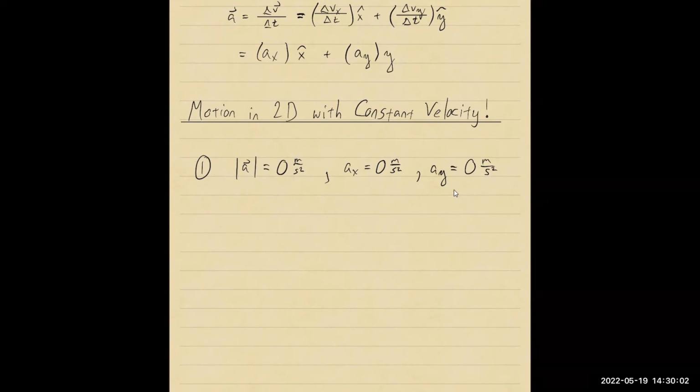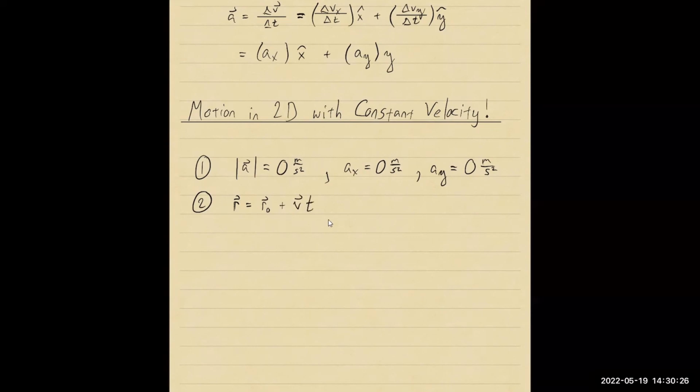So it turns out then when we're looking at the position of something that has a constant velocity, our 2D position vector r is given by our initial position plus our velocity times time.